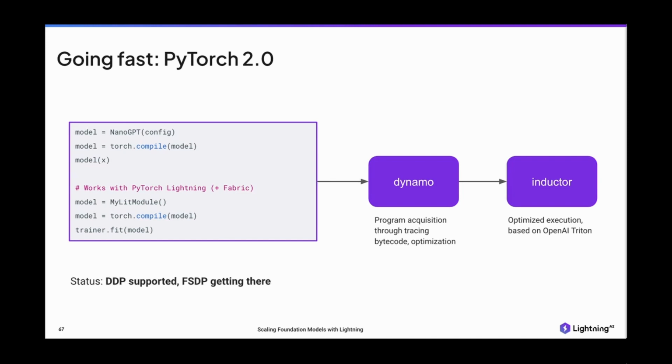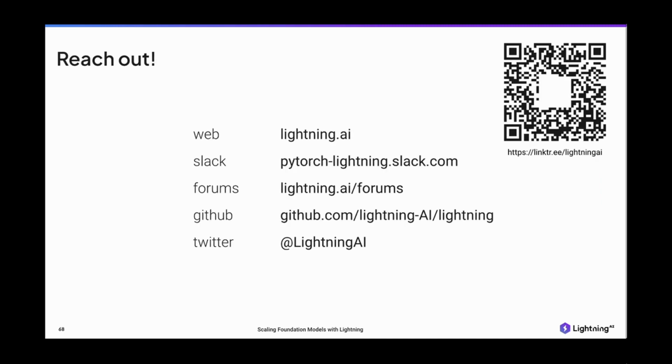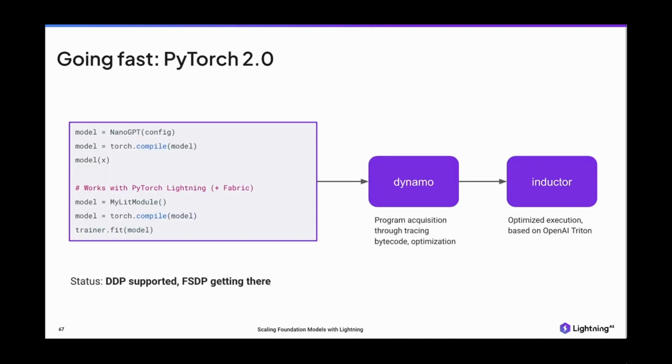DDP is already supported, and FSDP is getting there right now. The good news is that we have full support for PyTorch 2 and torch.compile here. With Lightning, you can instantiate a Lightning module, run torch compile on the Lightning module itself, and pass it to trainer fit, and the execution will be sped up by Dynamo Inductor transparently.